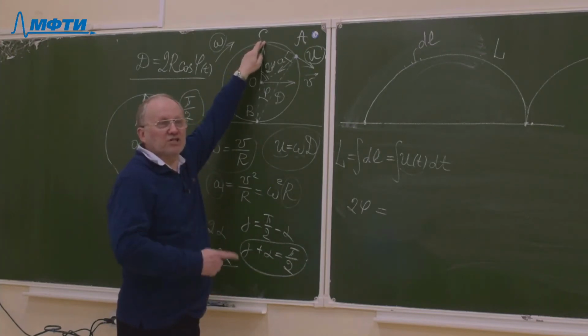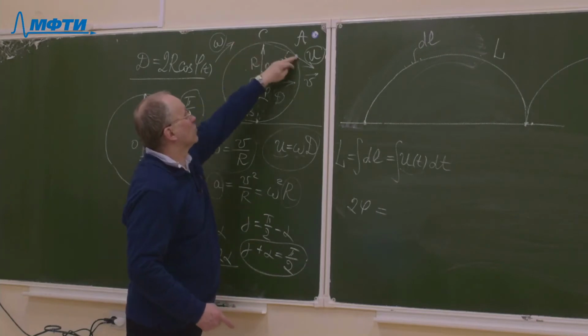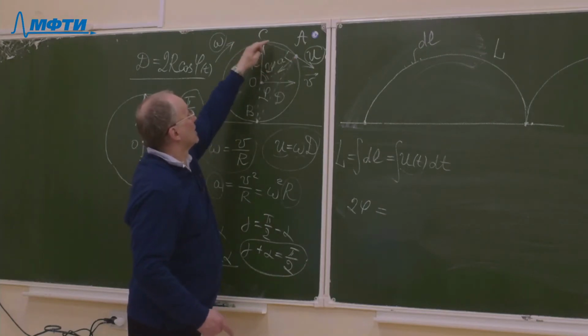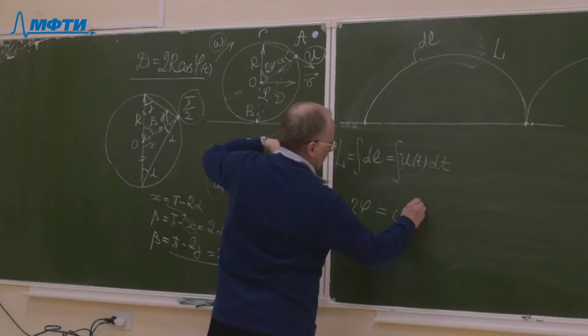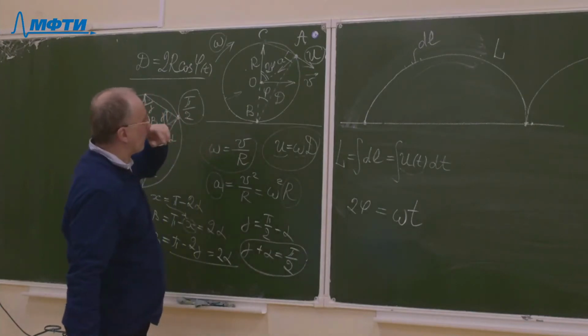I will measure time from this moment when point A coincides with point C. And then the angle 2 phi will be equal to omega t.